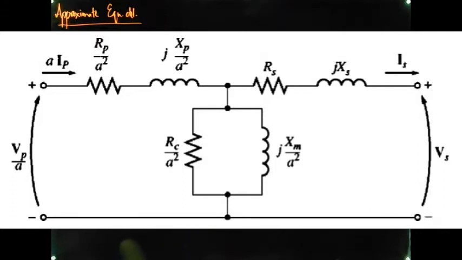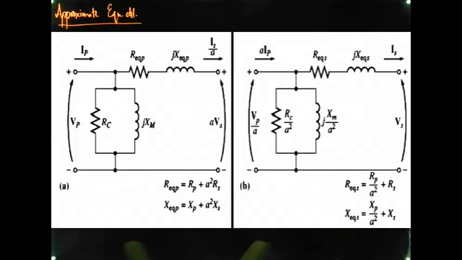Now using this equivalent circuit that we have derived by referring the secondary winding to the primary winding, we can club RP and A square RS, and we can also club XP with A square XS.